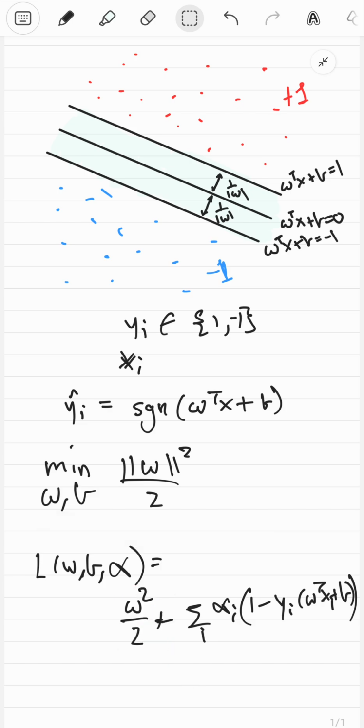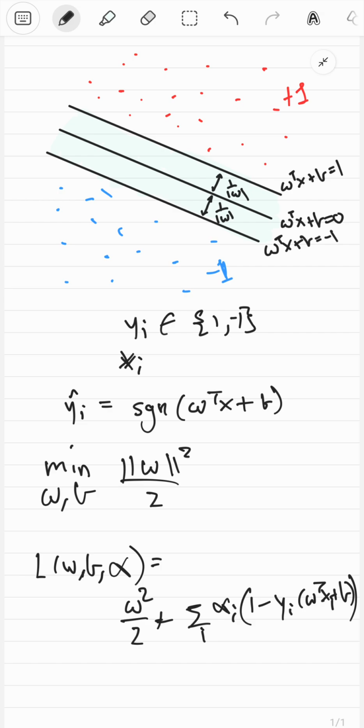So here's the fun part. Instead of just minimizing this overall, which is what we usually do with equality constraints, where we would minimize completely over omega, b and alpha, here that's not quite the thing.